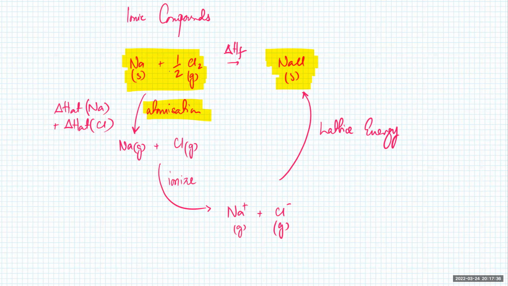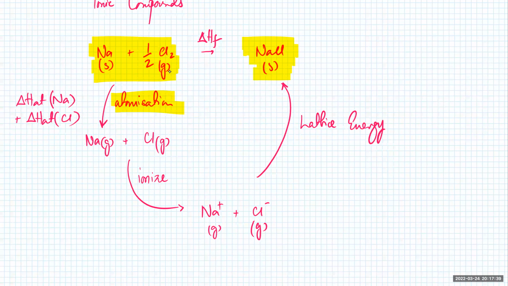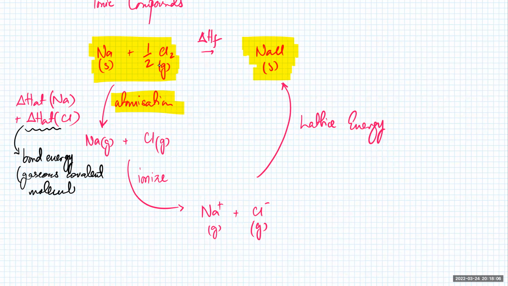But for Cl atoms, remember this, for covalent molecules, atomization can be found out using bond energies, because all you're doing to form atoms is breaking the Cl-Cl bond. So this is for gaseous covalent molecules. If your element is a gaseous covalent molecule, like if you want to form oxygen atoms, all you have to do is take the oxygen molecule and break the oxygen-oxygen bond.